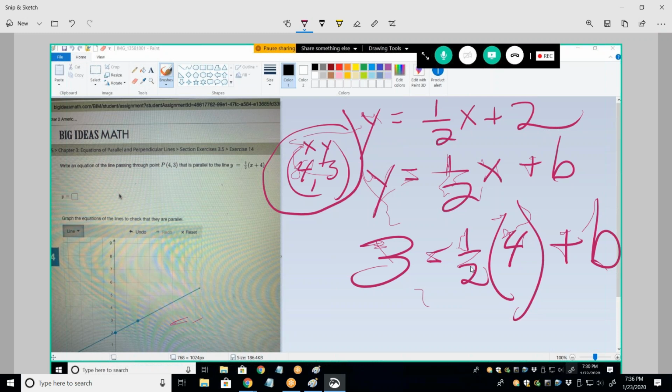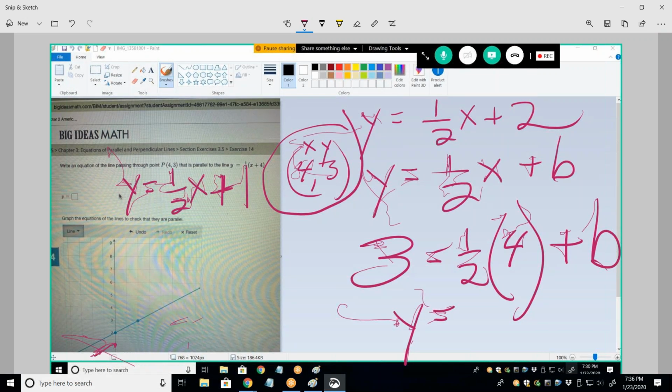b equals 1. Okay. That means the equation of the line that they're looking for, let's write it over here, is y equals 1/2 x, because it's got the same slope, plus 1. Different line. In fact, this line is going to go through the 1.